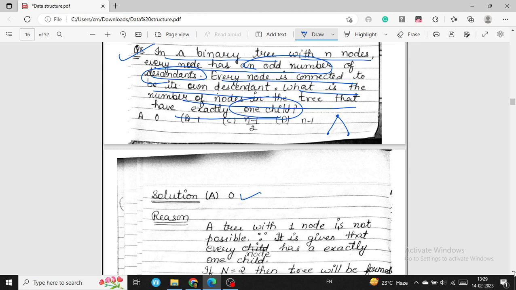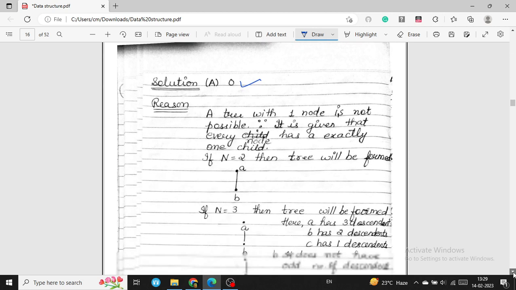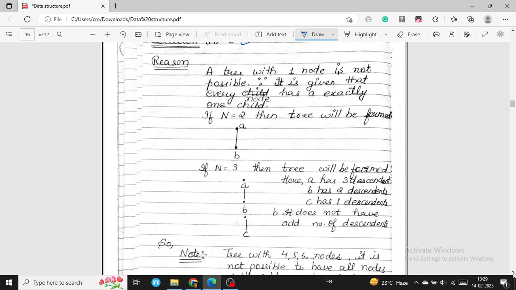Why? The reason is that a tree with one node is not possible. It is given that every node has an odd number of descendants.